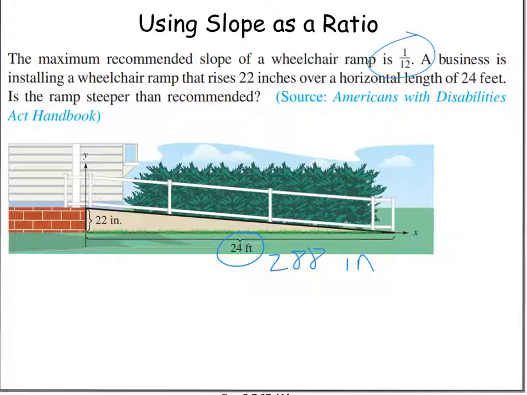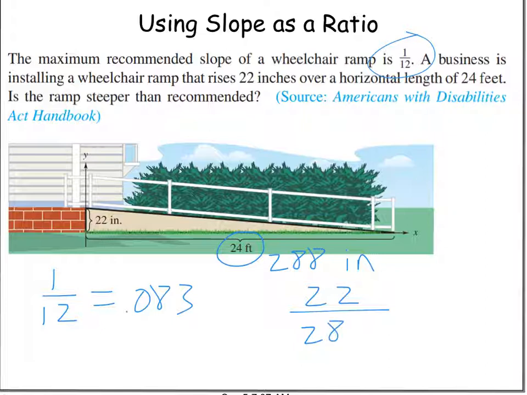Okay? So now what I'm going to start with is looking at this recommendation. And 1/12 is approximately 0.083. Okay? The steepness should be no more than that. So that's really what I'm now checking. As I can see for the ramp that we have, it increases 22 inches as it horizontally goes 288. Comparing these numerical values is better as decimals.